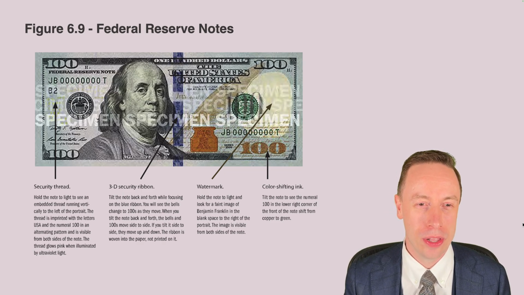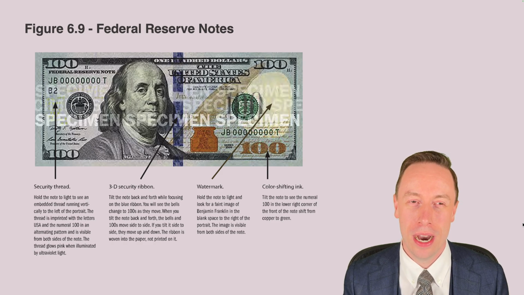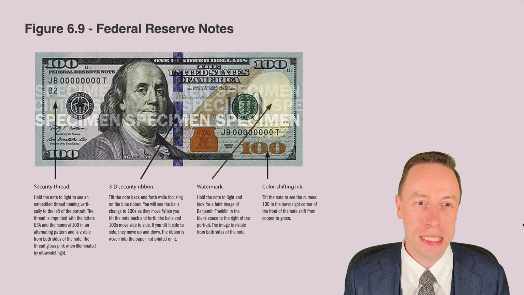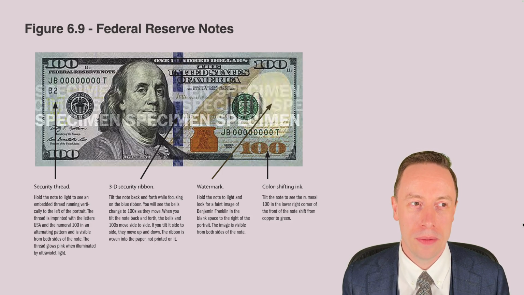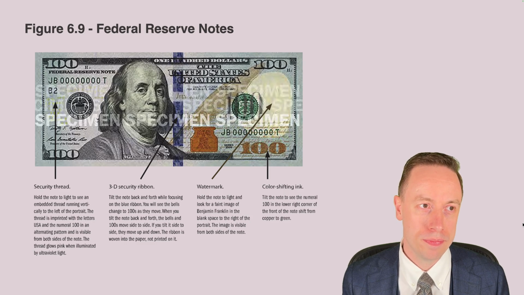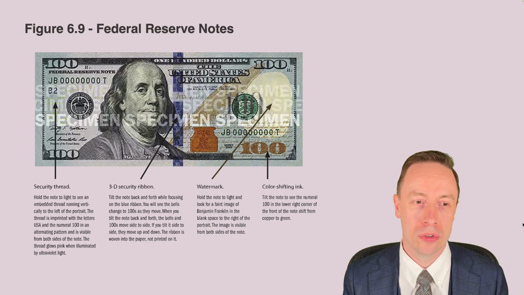So, the longer you've been around, the more you have noticed that on a regular basis, our Federal Reserve notes get a little bit fancier looking as more and more anti-fraud mechanisms are introduced in these bills.